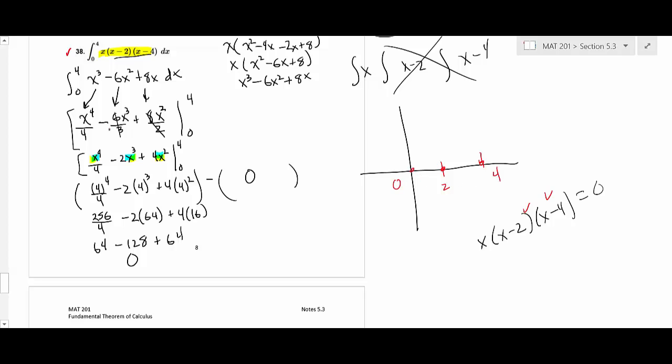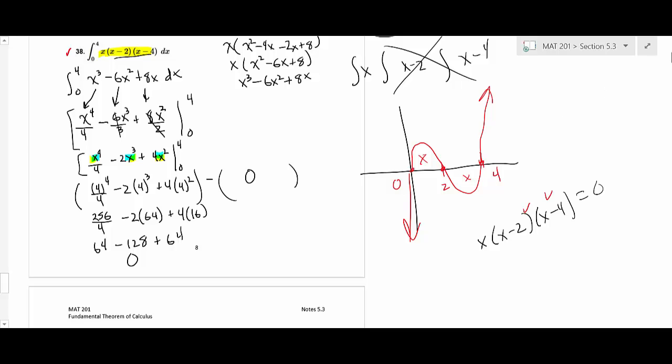And this is a cubic function. We multiplied this out and got a cubic function. I think the way this graph probably works is it does something like that. I'm pretty sure it goes like that if you put that on a calculator. And actually what happened is this area and that area ended up balancing each other out. That's the idea. If you did that on a graphing calculator, I think you would see that.